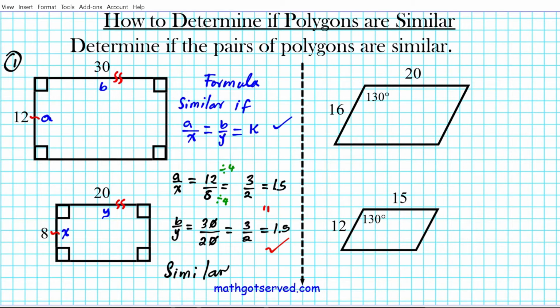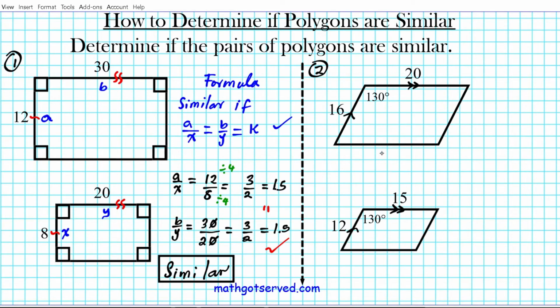All right, let's take a look at question number 2. Let's say the assumption here is that these two quadrilaterals are parallelograms. The question is, are they similar? We're going to follow exactly the same pattern.